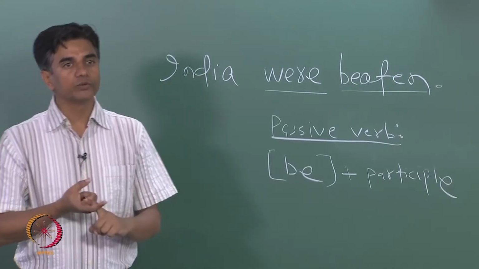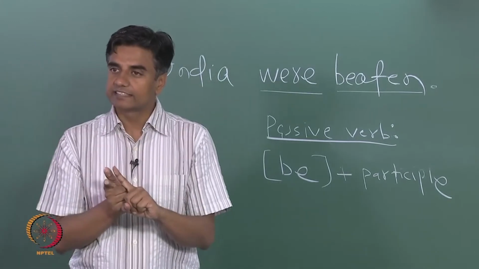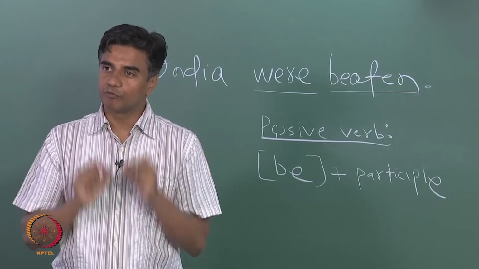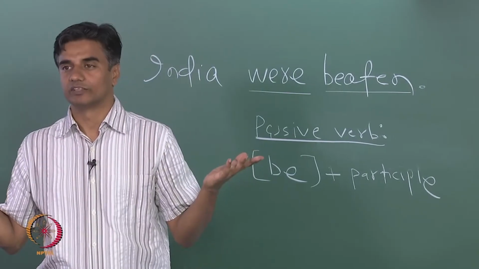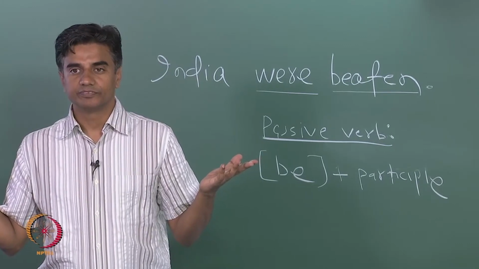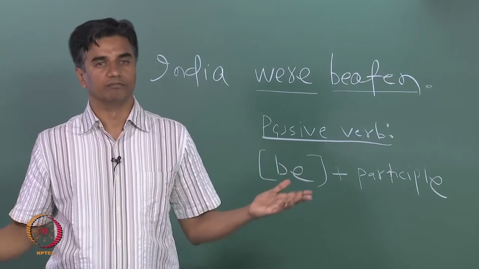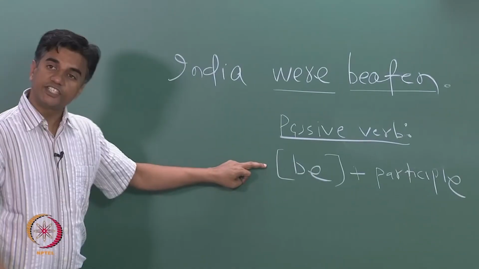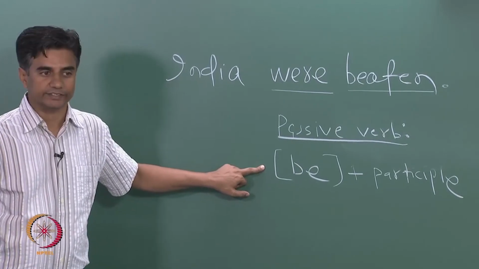So even though there is a semantic relationship between active and passive sentences, syntactically, at the level of form, the whole passive sentence is a completely different one. Do you see my point? The whole passive sentence is a completely different one. And the features of that different sentence are the following.